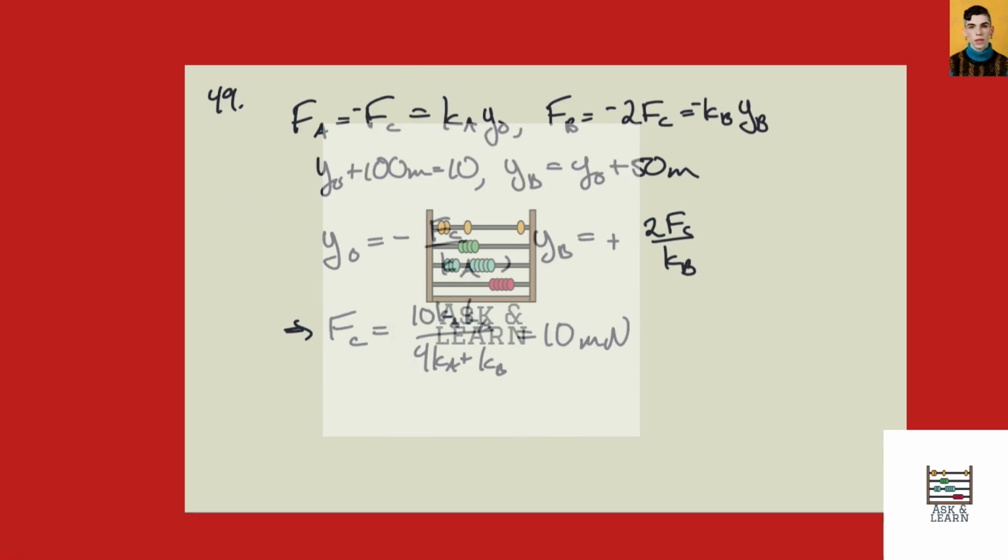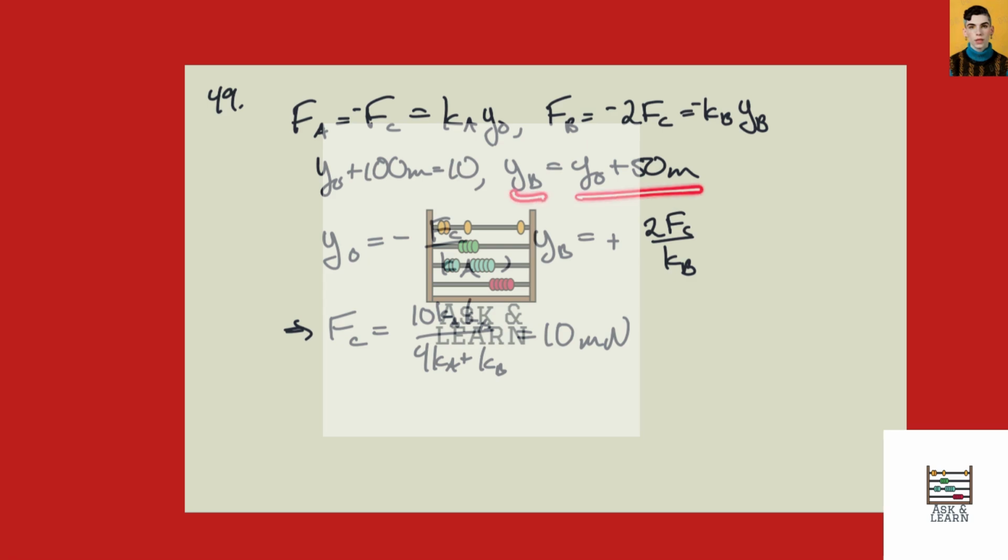Now we can use our spring equations, and we find that minus FC equals K, the spring constant, times y naught, the displacement of this spring, and minus 2FC equals minus KB times YB. And we know y naught plus 100m equals 10, and YB equals y naught plus 50m.